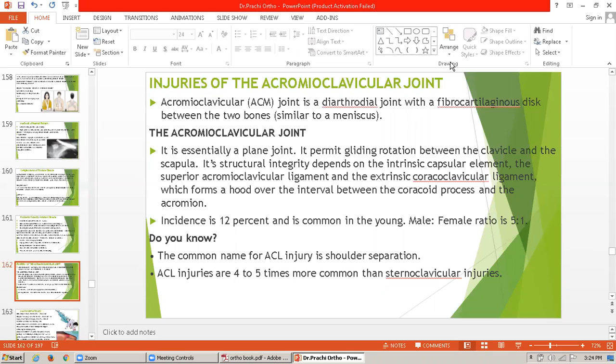It is essentially a plane joint. It permits a gliding rotation between the clavicle and the scapula.